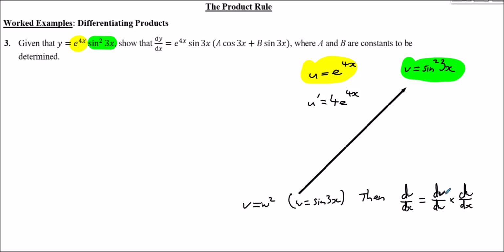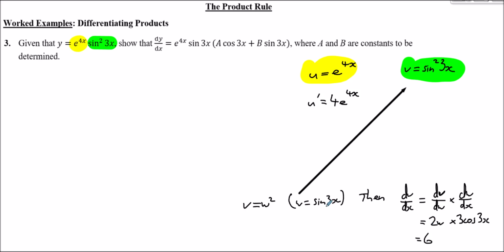So if v is w squared, differentiate v with respect to w, that will just give us 2w. And then if w itself is sine 3x, if I differentiate sine 3x with respect to x, that will give us 3 cosine 3x. So 2w multiplied by 3 cosine 3x.